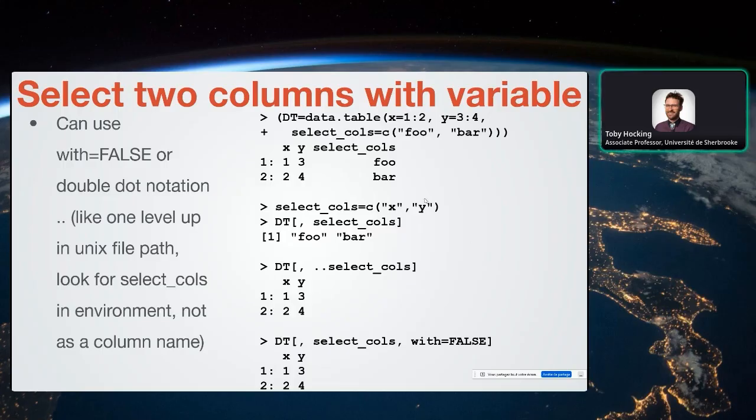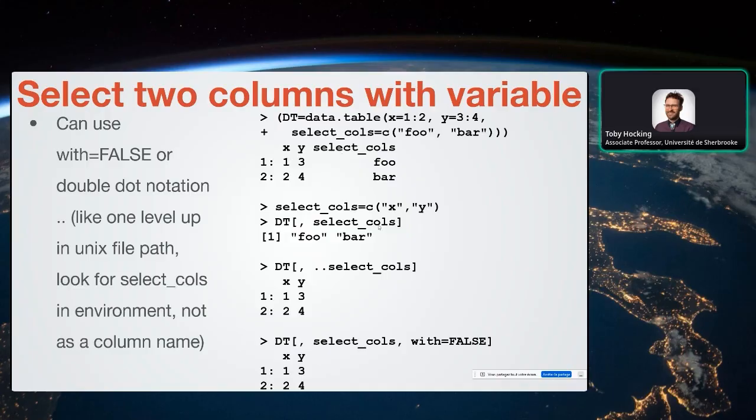On this slide, we show you how you can select columns with a variable. Here we have a variable, select_cols equals c("x", "y"), which is a character vector, and a table which has columns named x, y, and select_cols.